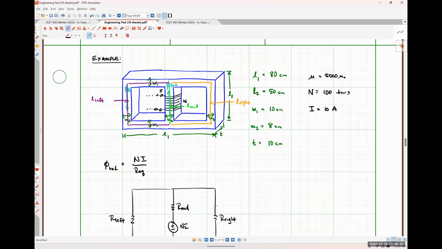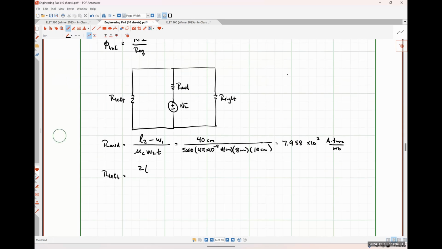Yep. So all the way from here to here is half of L1, and then we would subtract half of W2. So 1/2 of L1 minus 1/2 of W2. Okay, I'm on board with that.